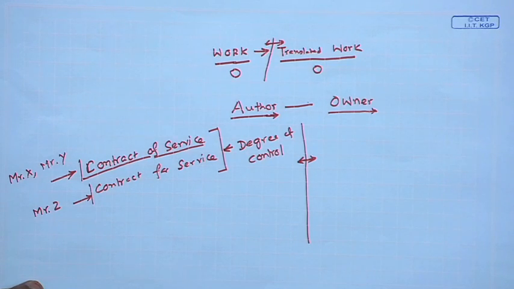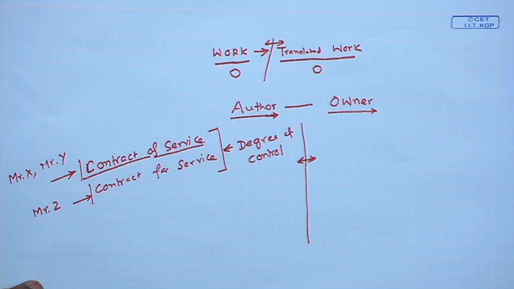If they are in a master-servant kind of situation, where whatever the master tells, the servant has to follow, then they are under a contract of service. We may say the degree of control is higher here. In a contract for service, we may consider the degree of control less, depending on the situation.